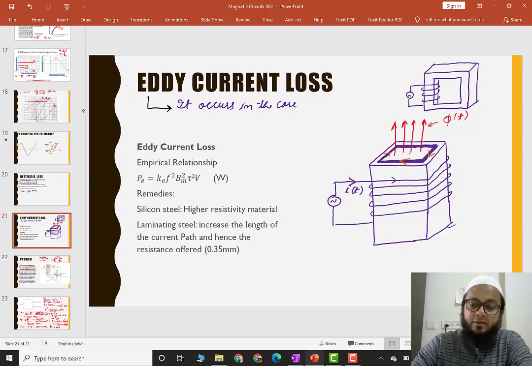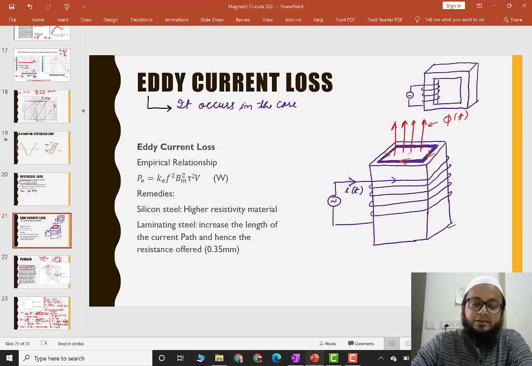Okay, so if we somehow increase the resistance of this core, then the current will reduce, because if the resistance of this ferromagnetic core is increased, then the current will reduce.